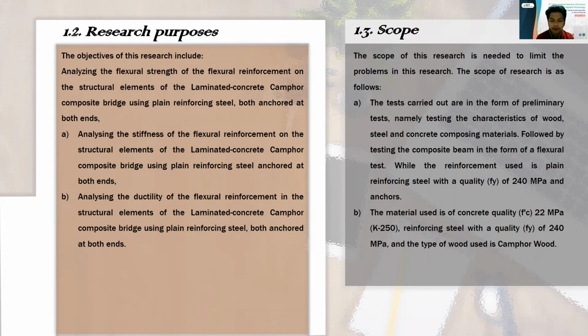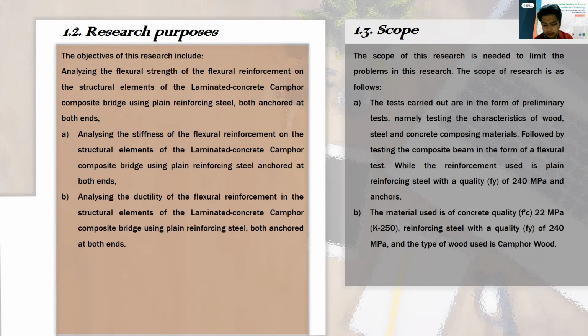The scope. First, the tests carried out are preliminary tests, namely testing of the character of the wood, steel, and concrete composite materials, followed by testing the composite beam in the form of flexural tests, while the reinforcement used is plain reinforcing steel with a quality of 240 MPa and anchors.